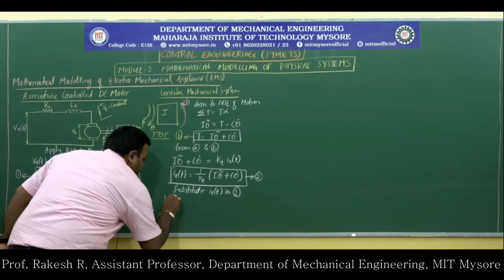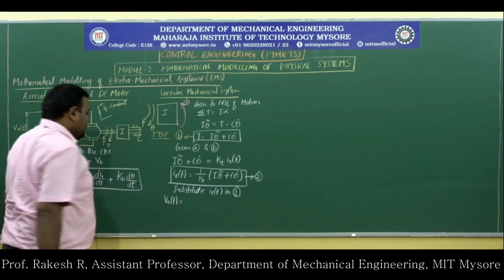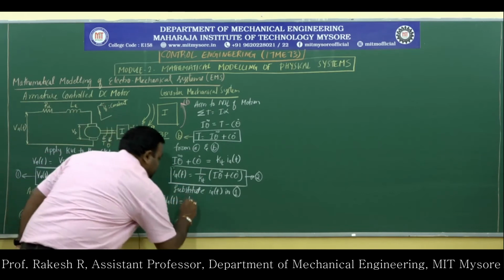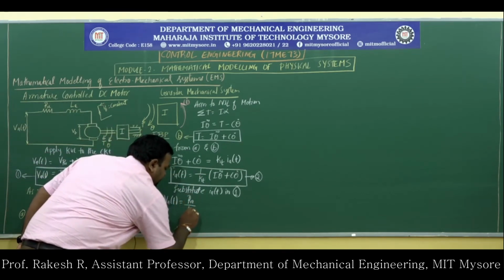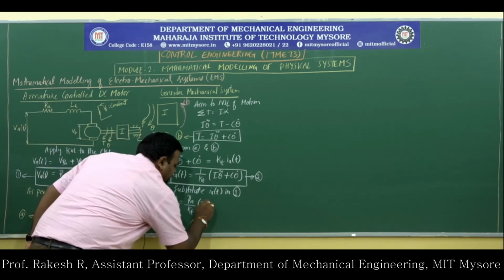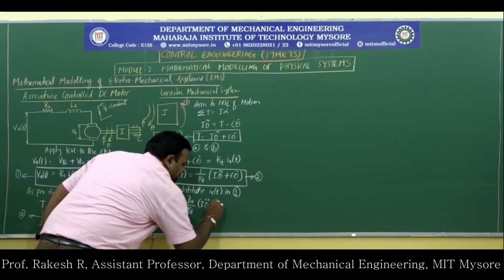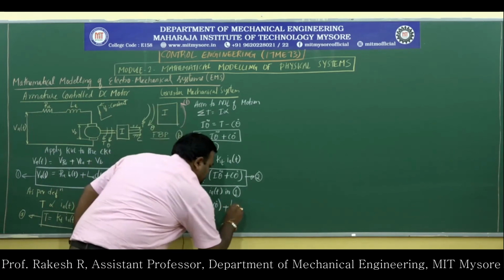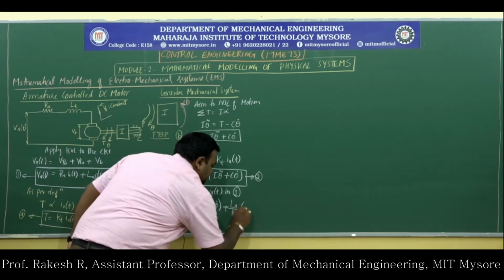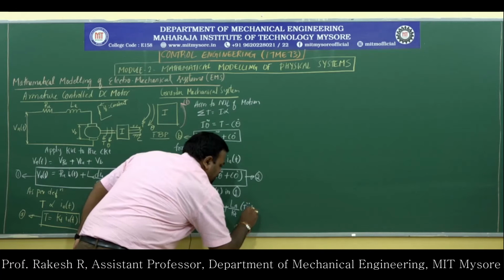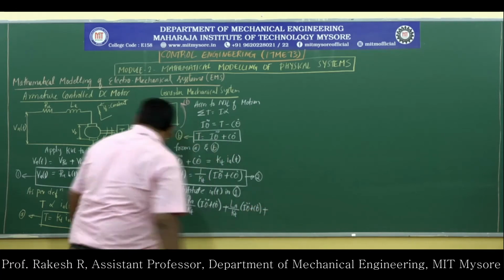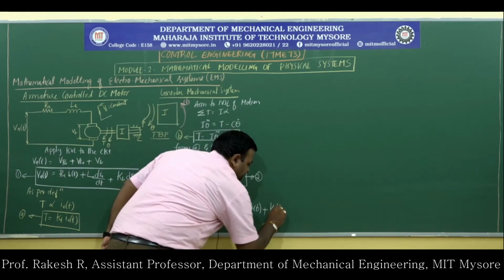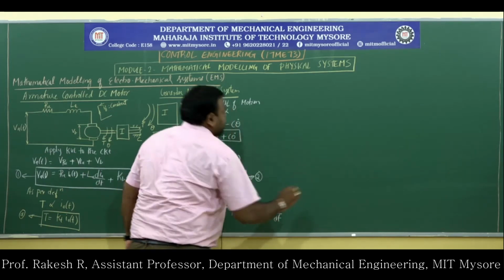So VA of T will be equal to RA, KT is constant, I will be taking out RA by KT into I theta double dot plus C theta dot, plus LA divided by, again KT is constant, I theta double dot plus C theta dot, plus the back EMF KB into d theta by dt.